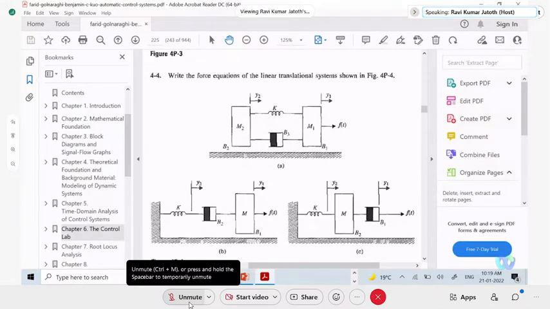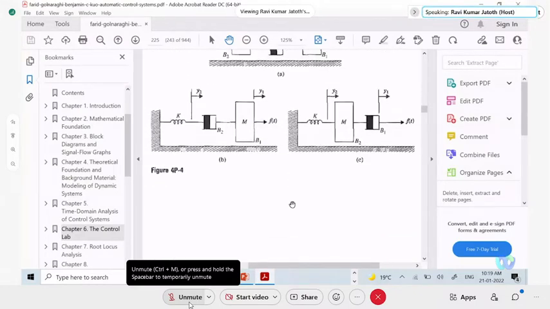Mostly I'll be giving problems from these only. So 4-4, I think you can solve these things.